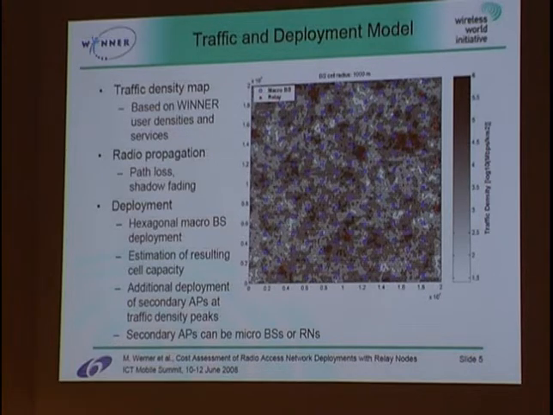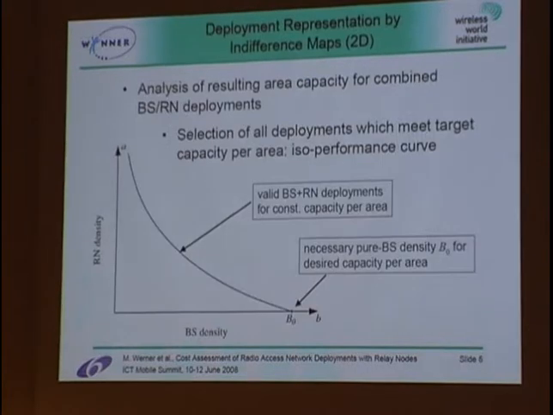So in this strategy, we deploy some additional relay nodes here to cover all the traffic. This is then done in the areas of high traffic density. This is only one strategy, of course. You could also try to place the initial layout for base stations following the initial heterogeneous traffic demand, etc. That's only one scenario we investigated.